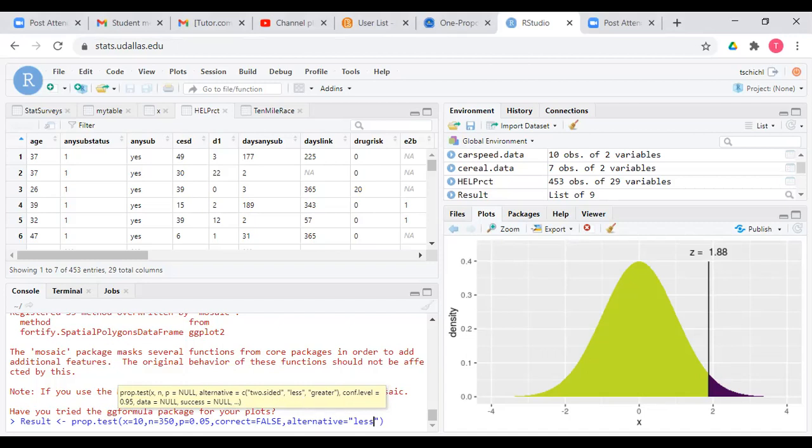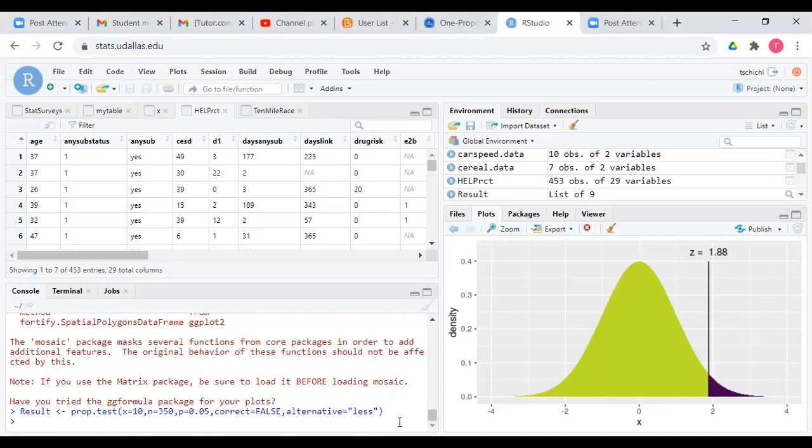And then you hit enter, so it's calculated. If you want to see your results, whatever name you put in here, you type in result, right? If you type John, then you type John. If you use Mary, you use Mary.